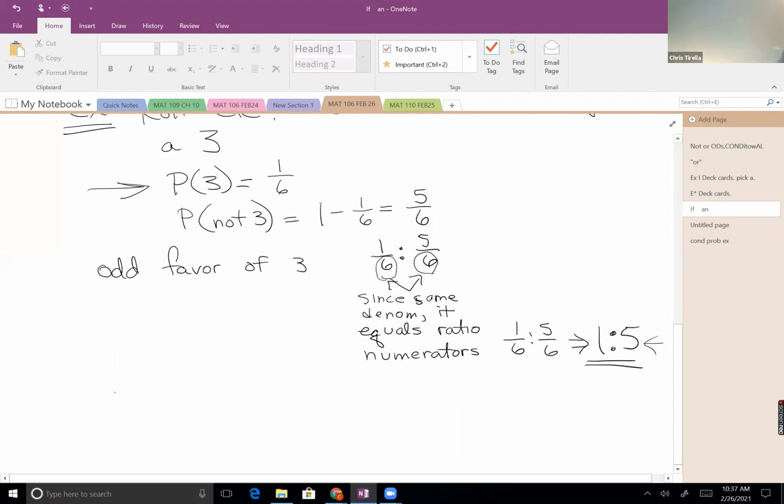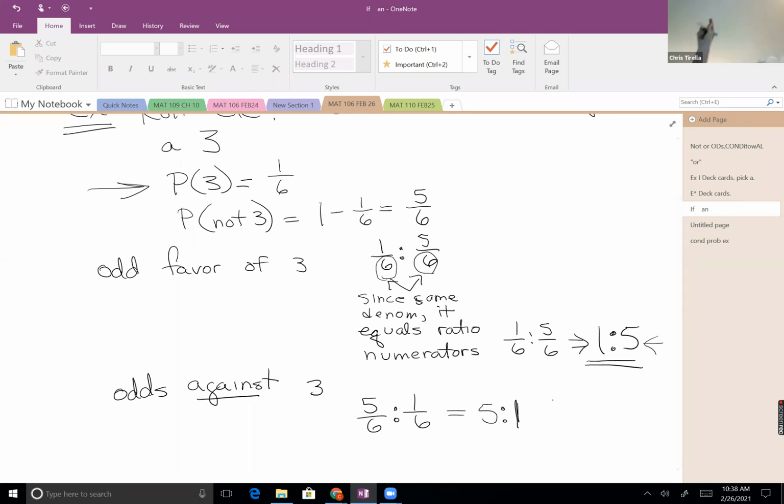Now instead, if I asked for the odds against 3, I'd put the not 3 first. So it would be 5/6 to 1/6, which is 5 to 1. Does anybody notice that the relationship between odds in favor and odds against is just that I flipped them?